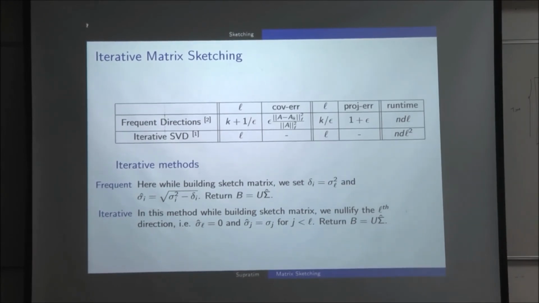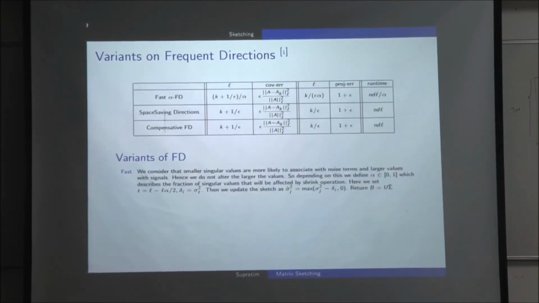No, you cannot relate it, because over there we were again deleting some value of each counter. In here we are simply nullifying the last orthogonal vector, and we are keeping the rest as it is. So for iterative SVD, we don't have any proved covariance error or projection error bound.